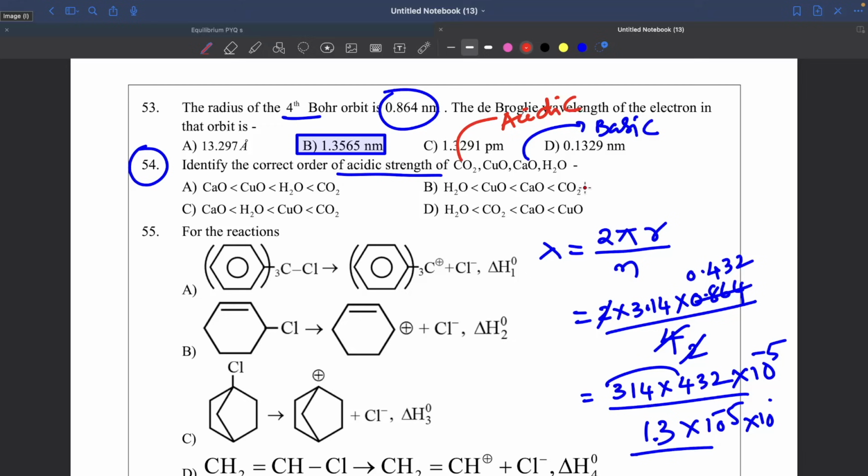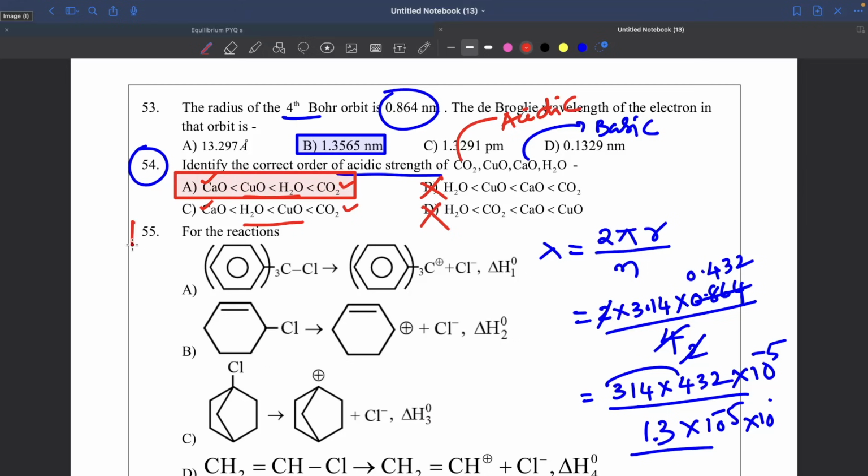So this option is eliminated, and this option is also eliminated. Any one of these could be our answer. We are starting with CO2 and ending with CaO. We have to figure out between these two. Of course, a metal oxide is more basic, so the answer should be option A. Simple, one question, one go, you can do the answer.